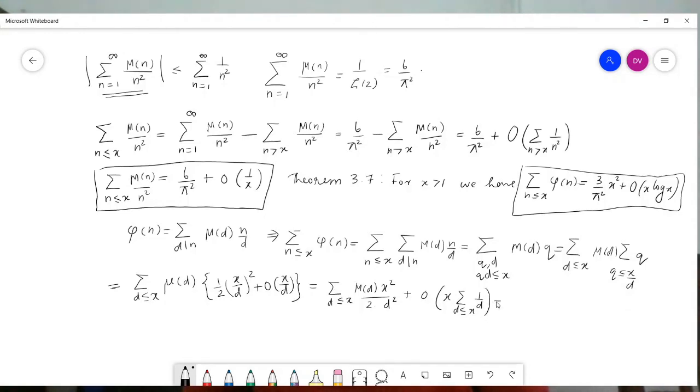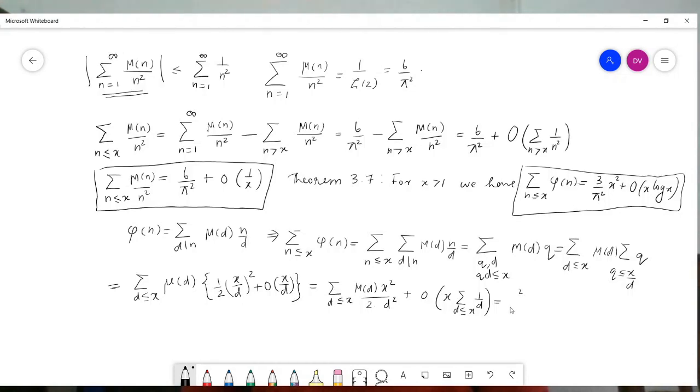Okay, so x square by 2 can be taken out. Then the remaining will be sigma d less than or equal to x of mu of d by d square. That is the same as the sum we have proved earlier, sigma n less than or equal to x of mu of n by n square, so this can be replaced by the formula given in the reference.